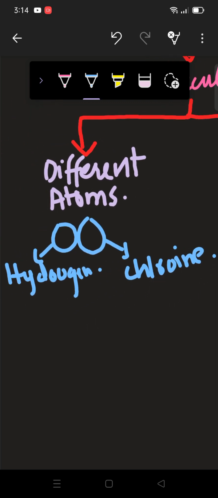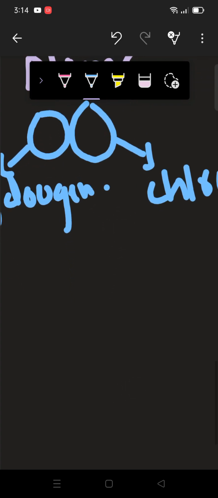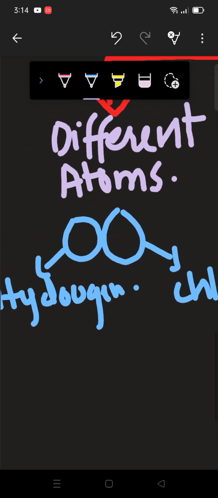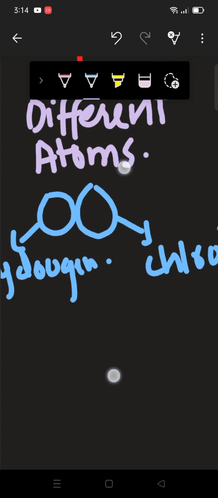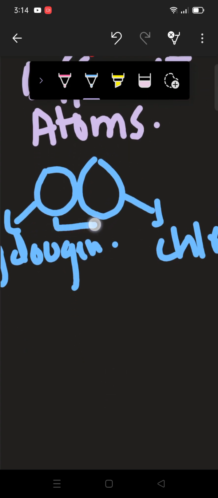When they both combine together, remember, there would be a chemical association. As we know, when atoms combine together by chemical association, they form a molecule. So there would be an attraction between their electrons. Then it would be a chemical association.